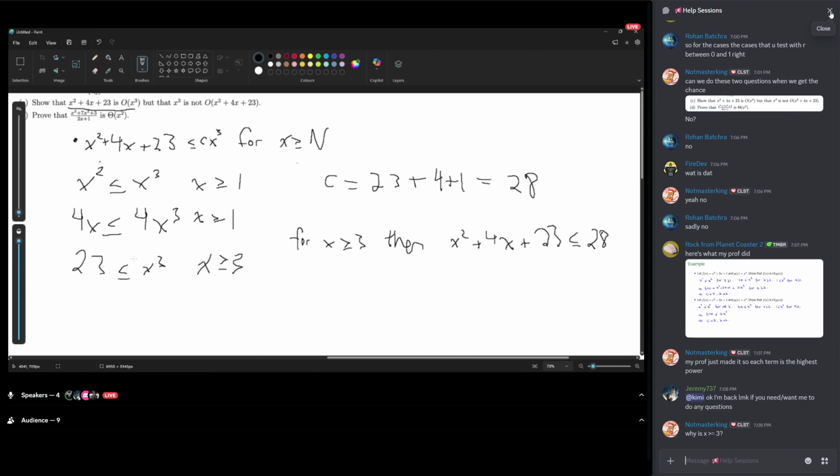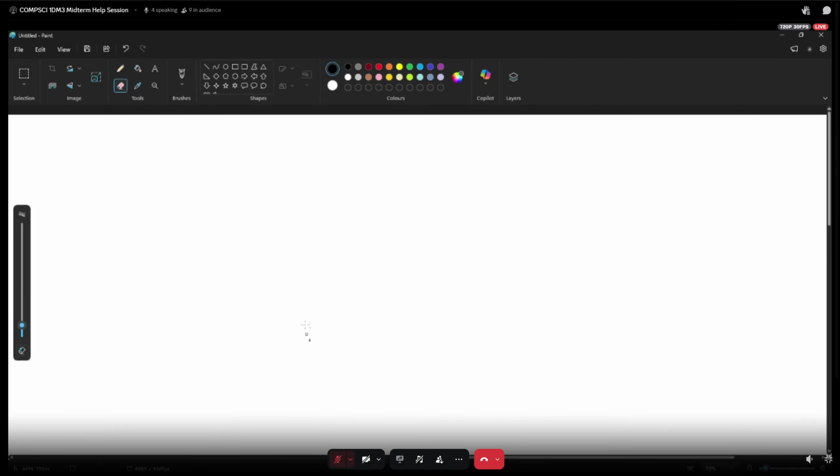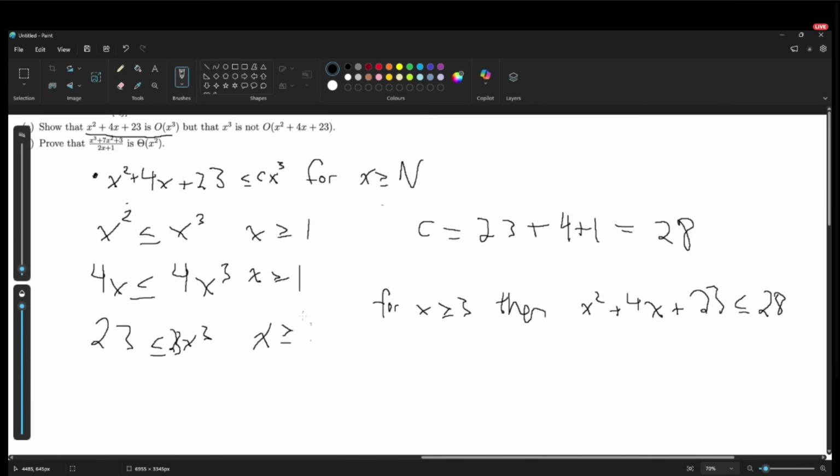Oh, this should be 23 actually. Actually, no, you could probably write it even more simply. You could just do x greater than or equal to 1 here. Yeah, so 28x cubed.